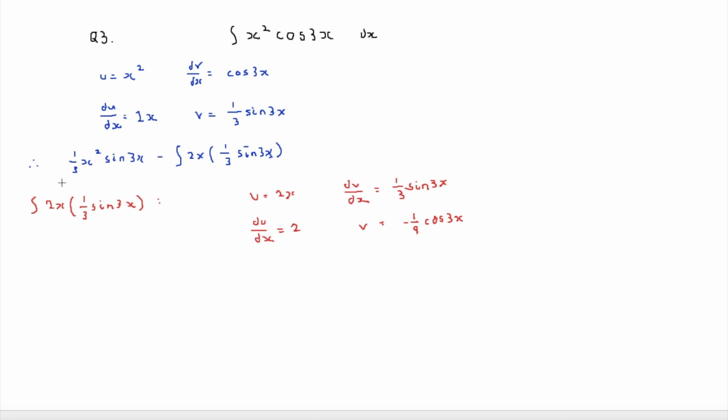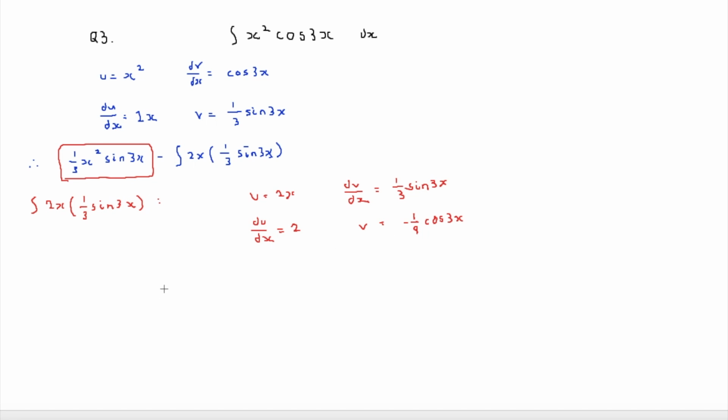Now remember, we will always have to use this, so I'm just going to circle this to make sure that we're remembering it. And this is the minus this. So first of all, we're going to start off with minusing, then you've got the u times the minus a ninth cos 3x.